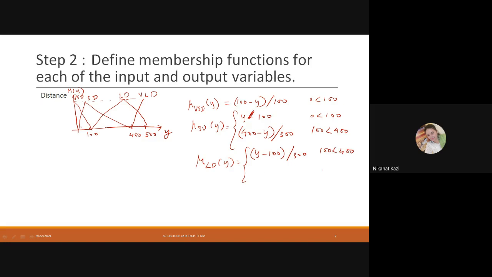And finally, 400 to 500 is a decreasing function, that is 500 minus y divided by 100. Similarly, last one is an increasing function, that is y minus 400 divided by 100. So these are the functions for distance.